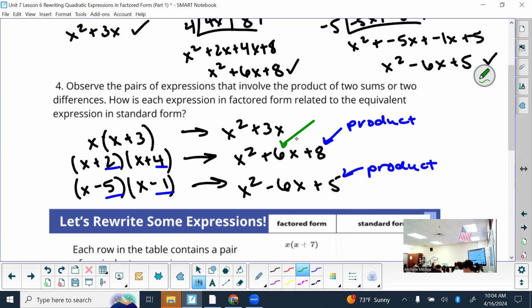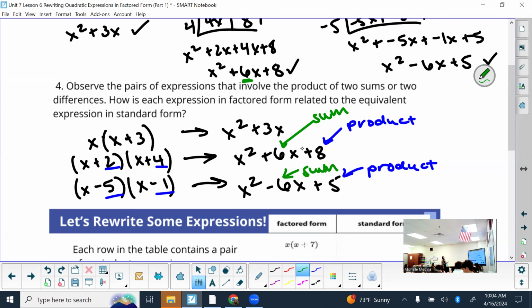What math did we do to get 6? You can look up here. How did we get 6? So it happens to also be the sum of these two numbers. Same thing down here. The sum, when we added them, -5 and -1, is how we got -6x.